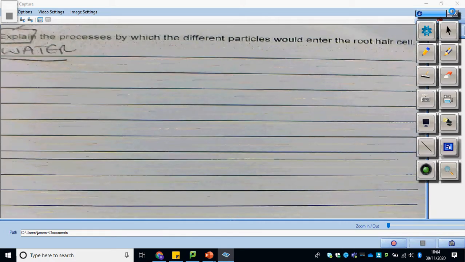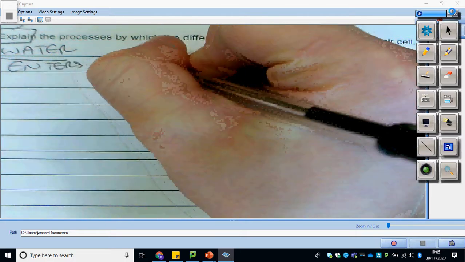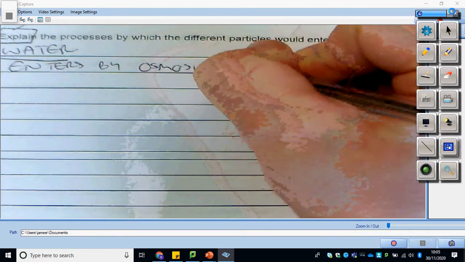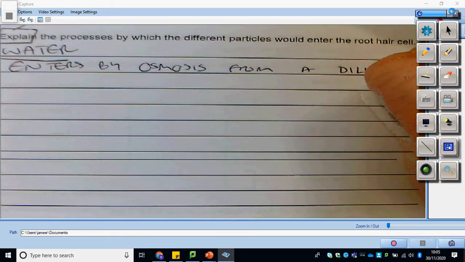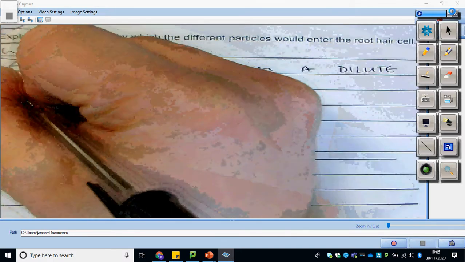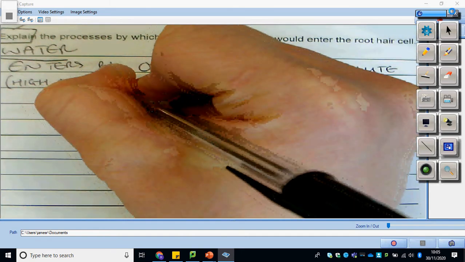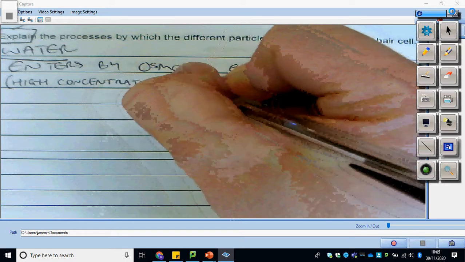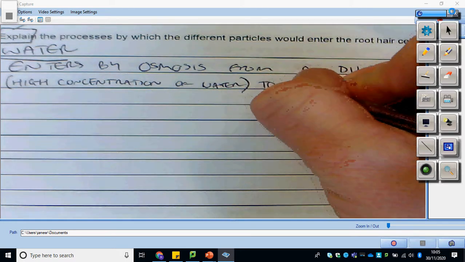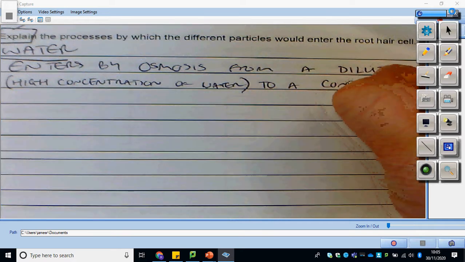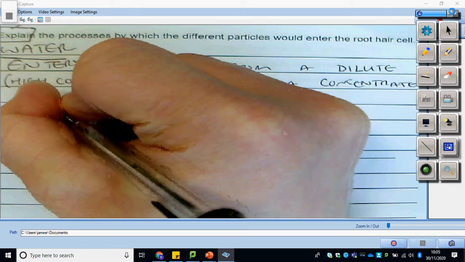So the water enters by osmosis from a dilute, which remember is a high concentration of water, to a concentrated solution.